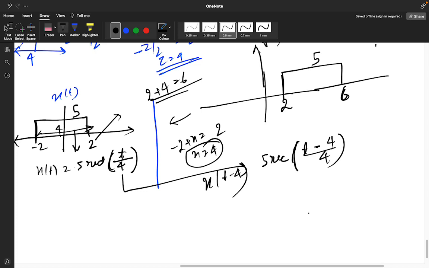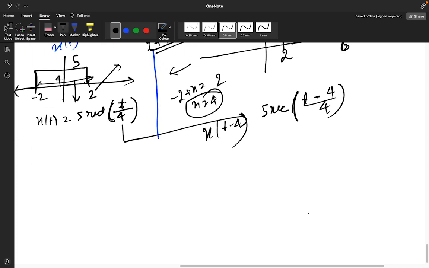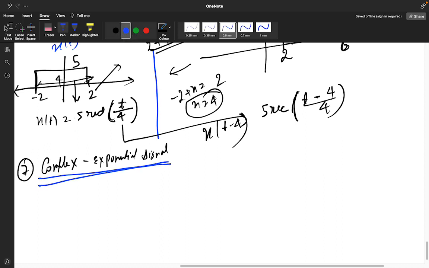So this was the rectangular function. Now we have another kind of signal, that is the complex exponential signal. This is my complex exponential signal, that is x of t equals A naught e power j omega naught t.